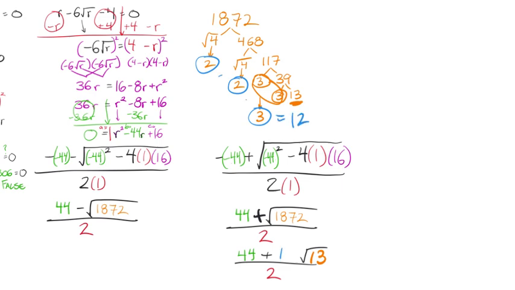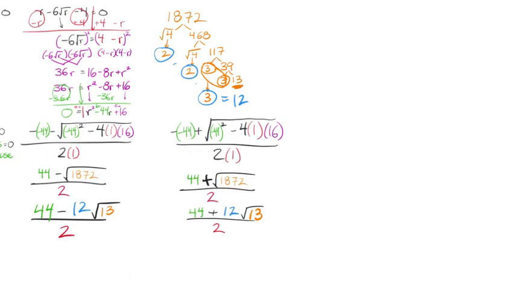So I've got 44 plus 12 times the square root of 13. And of course, that means the other expression over here would be exactly the same, but with a minus sign instead.